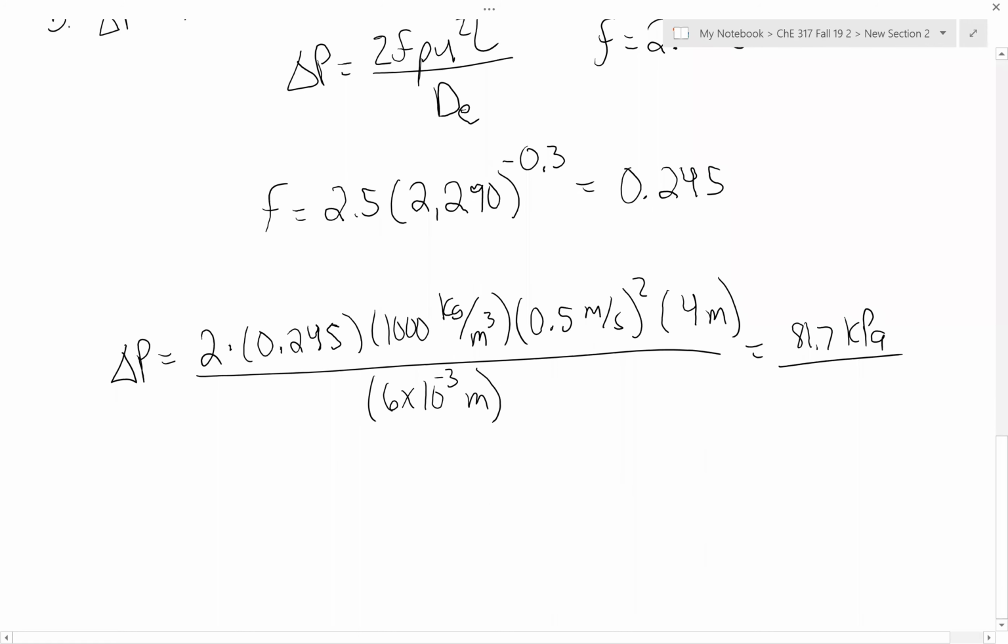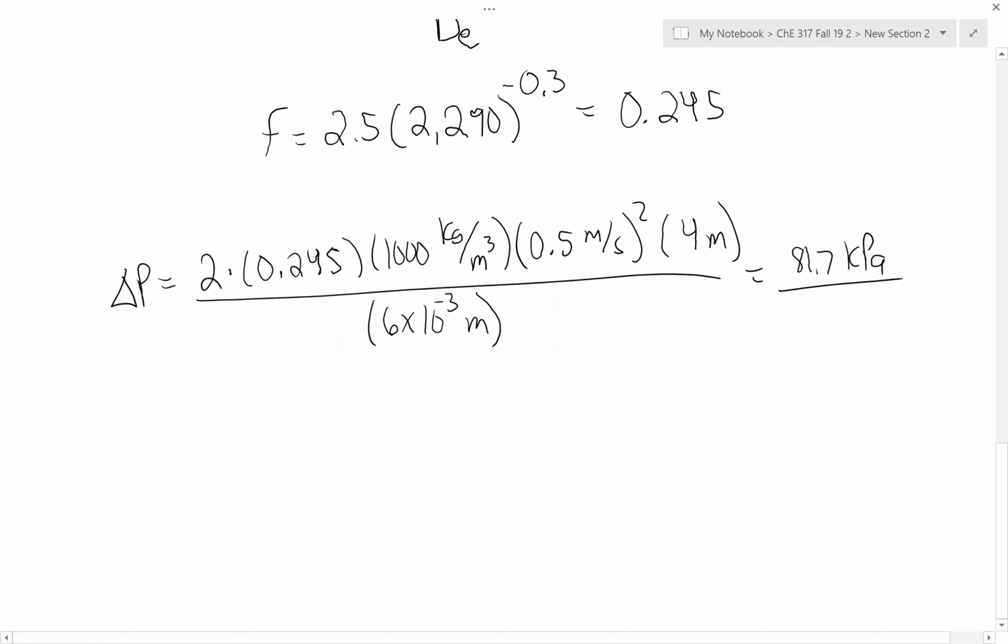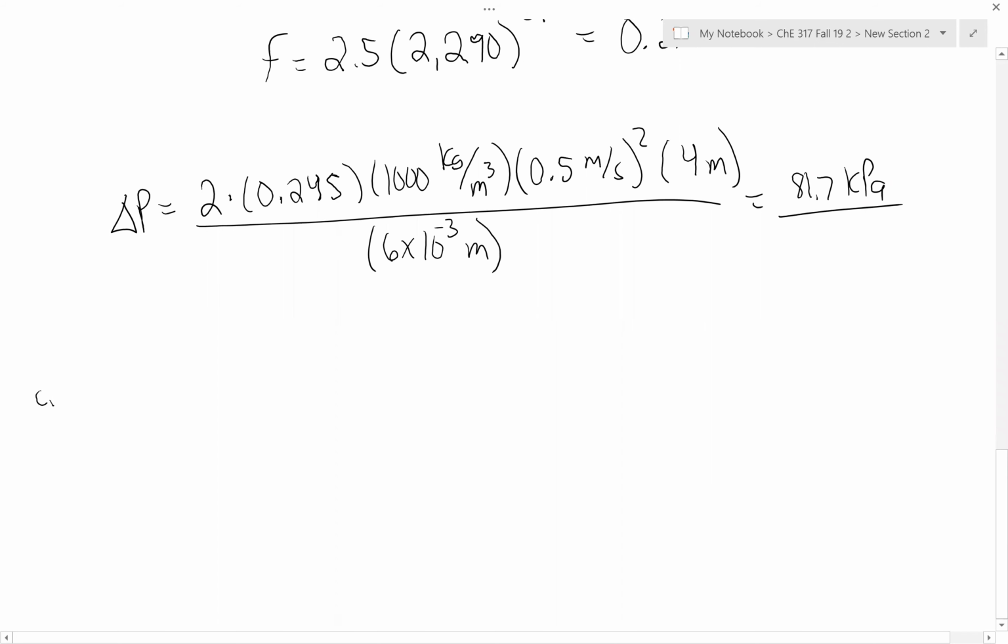The last part of the problem asks to identify the number of plates needed in this exchanger. To find that out, we have to compare the total flow rate in this system versus the flow rate in a single channel. So earlier I identified the total flow rate of this cooling water was approximately 0.252 cubic meters per second.